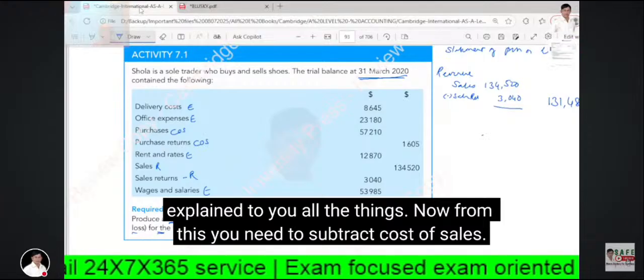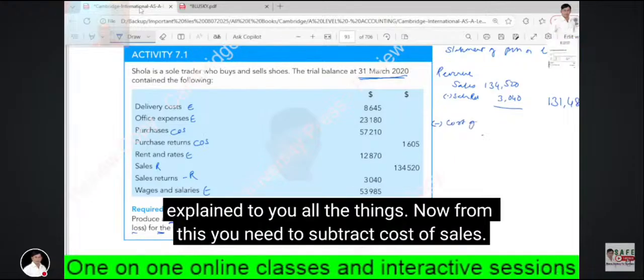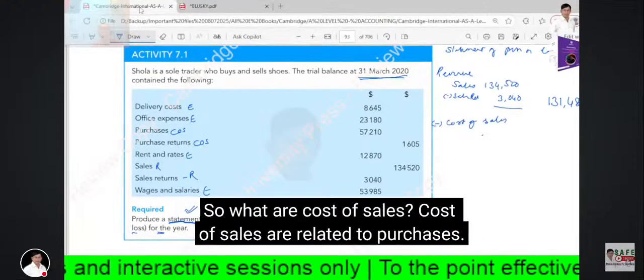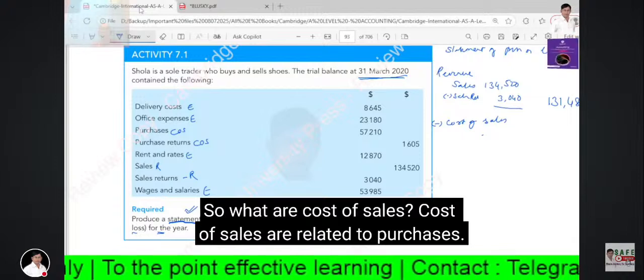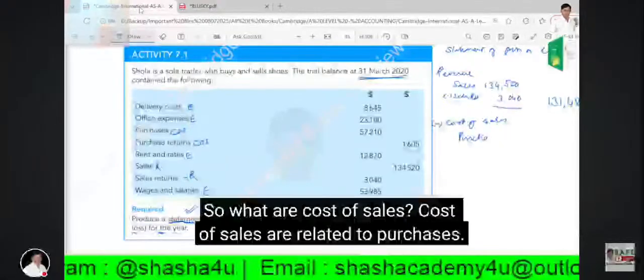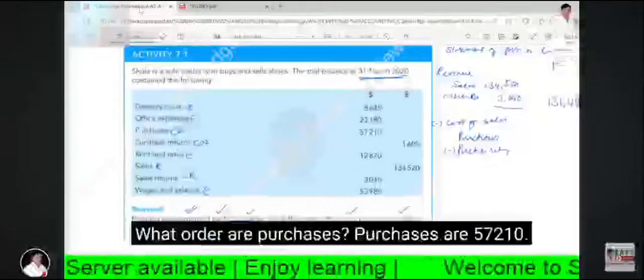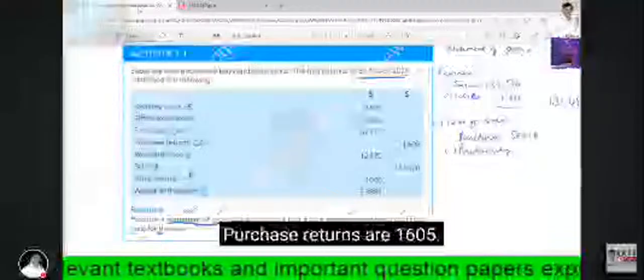Now from this you need to subtract cost of sales. What are cost of sales? Cost of sales are related to purchases, less purchase returns. Purchases are 5721, and purchase returns are 1605.